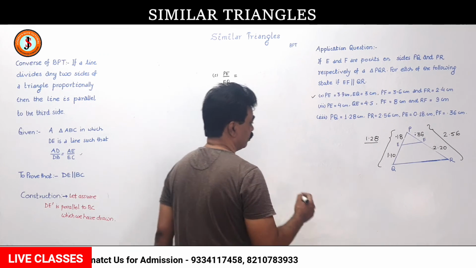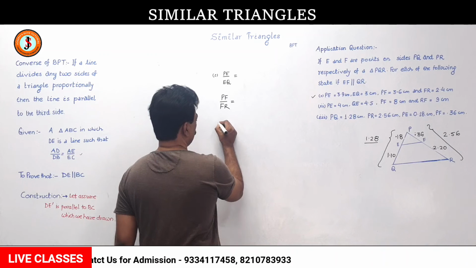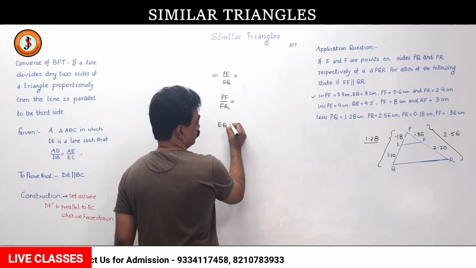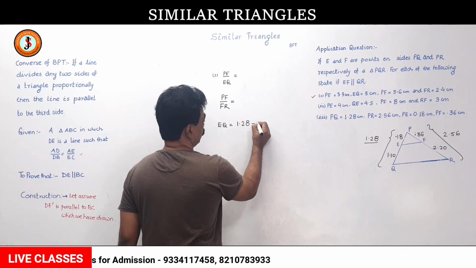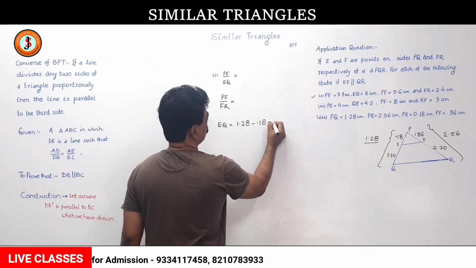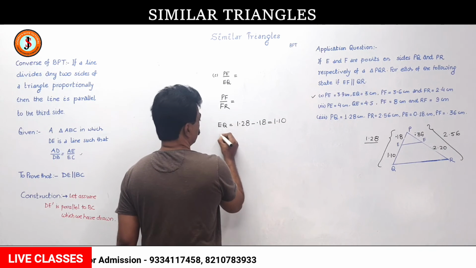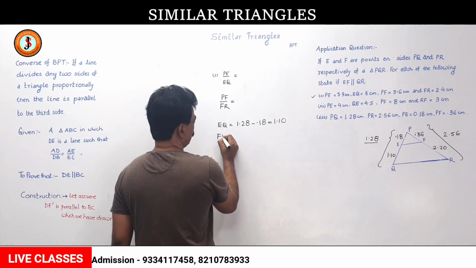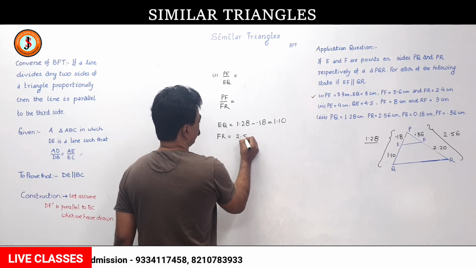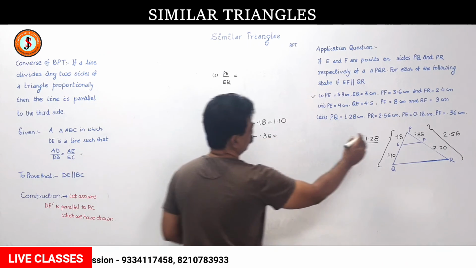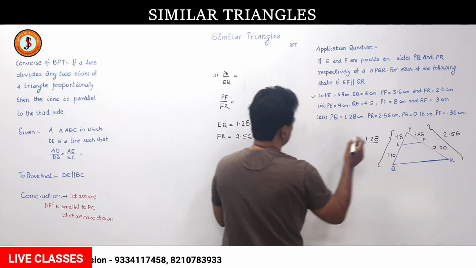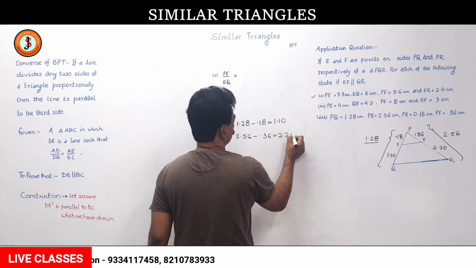So, I have to get EQ. So, EQ will be equal to 1.28 minus 0.18, that is equal to 1.10, and FR will be equal to 2.56 minus 0.36, that is equal to 2.20.